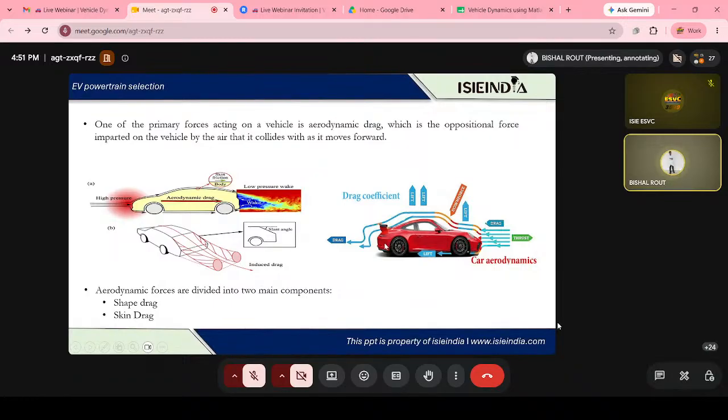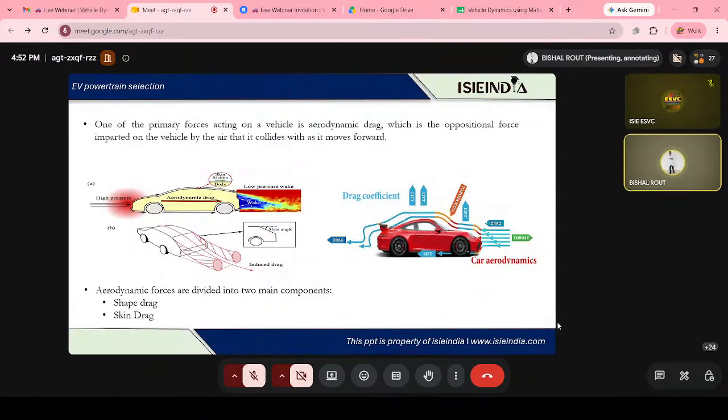Now, that depends on the shape of the vehicle. For example, a truck gets a huge amount of aerodynamic drag, while Volvo buses get a lesser amount, because they are designed so that air can easily pass over their body, but trucks are boxy in shape. Take two vehicles: a Maruti Suzuki Baleno and a Mahindra Thar.